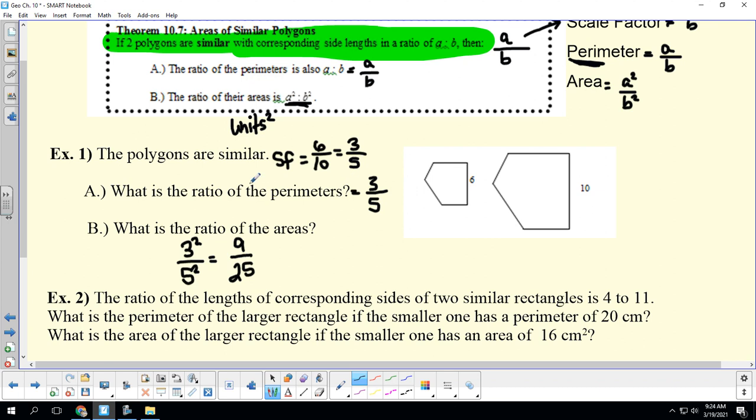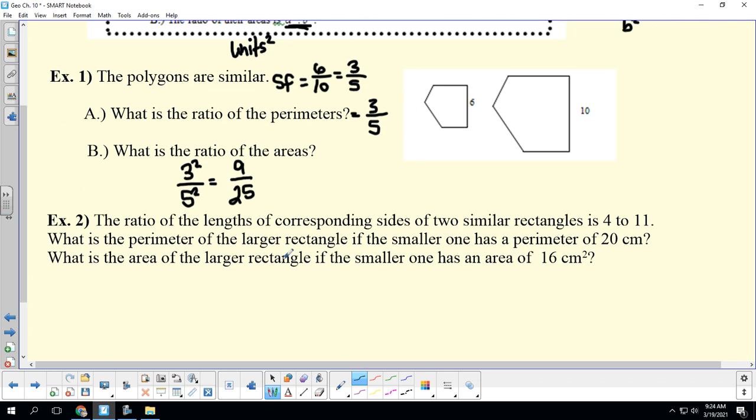We're going to use this information to solve for some of our unknowns. So the ratio of the lengths of corresponding sides of 2 similar rectangles is 4 to 11. So the scale factor is 4 to 11. What is the perimeter of the larger rectangle if the smaller one has a perimeter of 20?